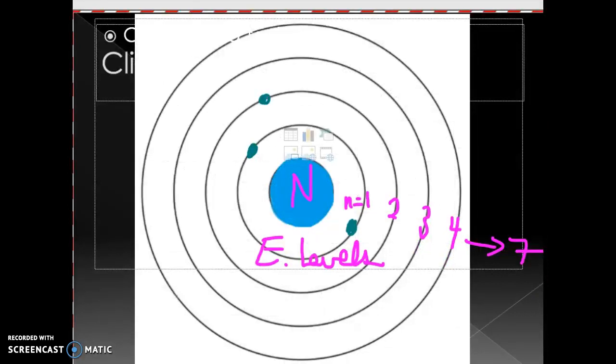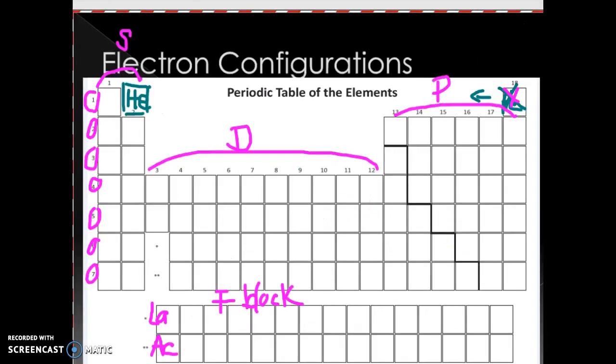So let me go back to the picture that I had earlier with the blocks. The first ring, the first energy level, is represented by 1, and S block represents a sublevel called the 1s. So this first electron goes in the first ring around the nucleus, and it's called s.